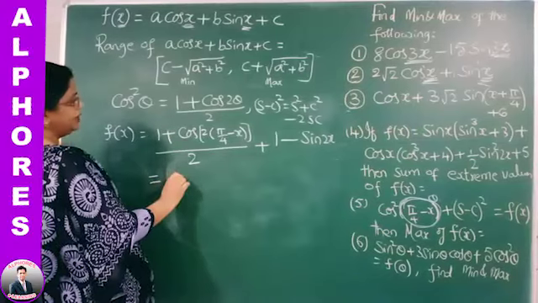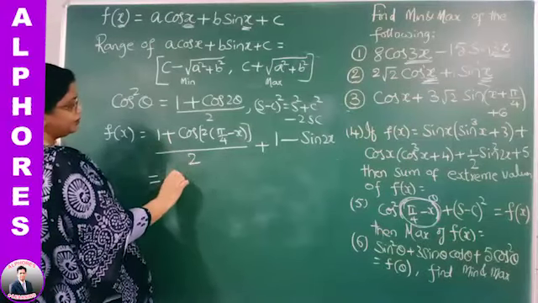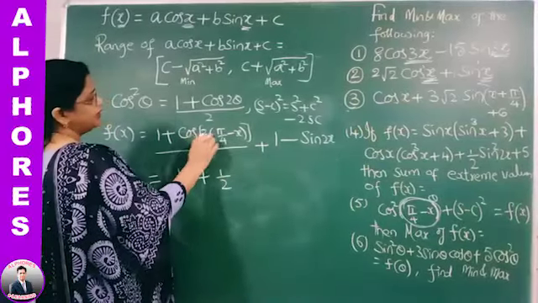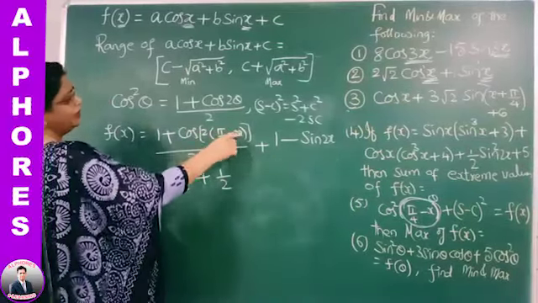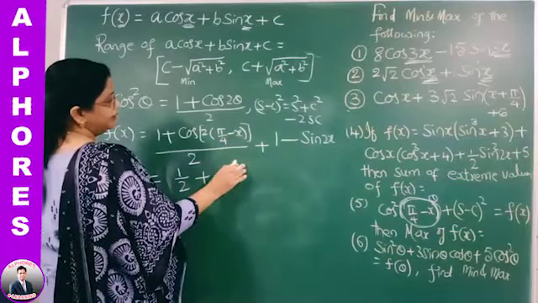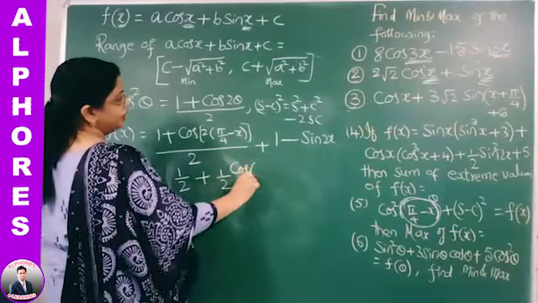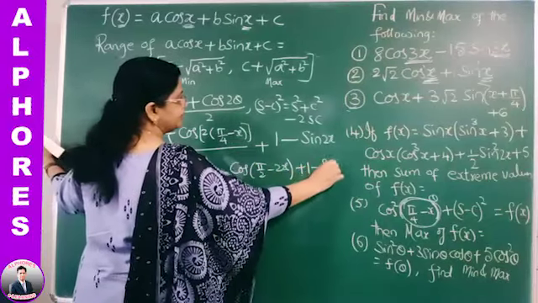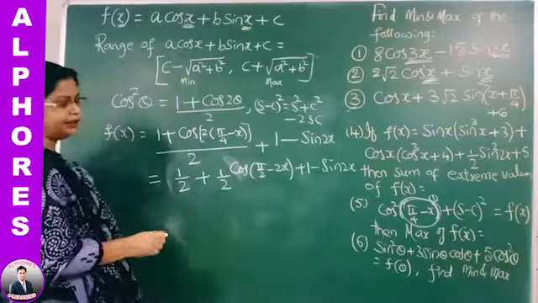Therefore, here we are writing 1 by 2. I am splitting the fraction: 1 by 2 plus 1 by 2 times cos of pi by 2 minus 2x, and plus 1 minus sin 2x. Got it?